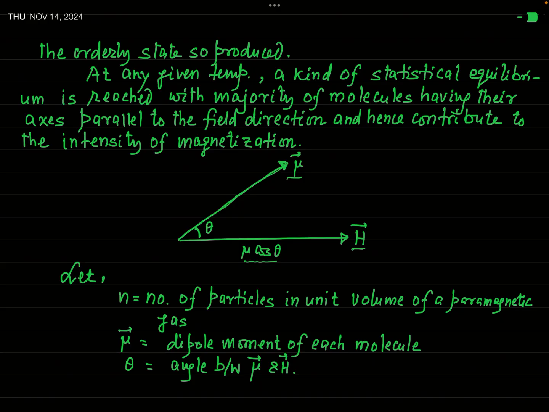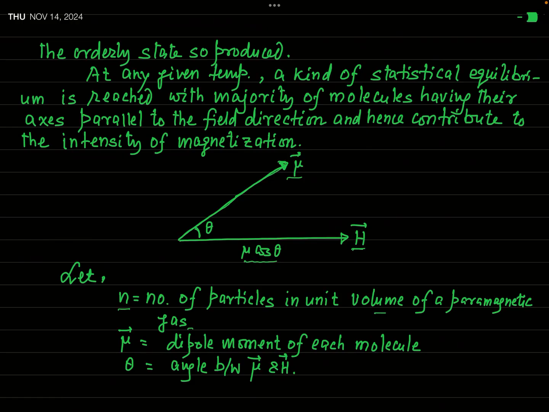So for finding the magnetization, let us consider a paramagnetic specimen that has been subjected to the external magnetic field H. And we consider that N is the number of particles, molecules or atoms, in unit volume of the paramagnetic gas.